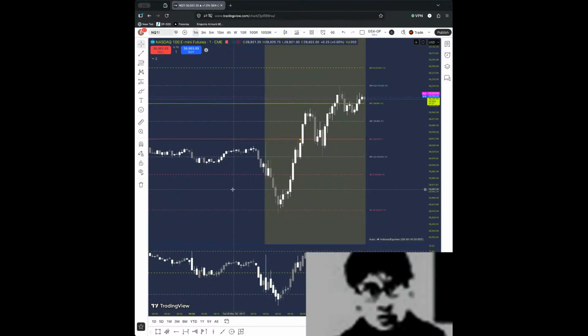Hard to get overly excited on a couple red candles because they're just notorious for getting bears excited, and then they look like they're going to poke through, and then they slingshot it and go take the high. So I'm not going to add, I'm not going to do anything. I'm just going to sit in one micro here and see if they actually try to roll over. They head back to my level, my target that I want, just below the 50. Cool. If not, I'm not going to get squeezed. There's super small risk on this.